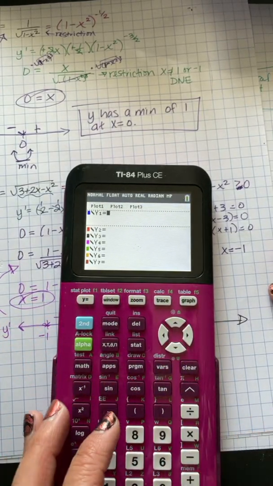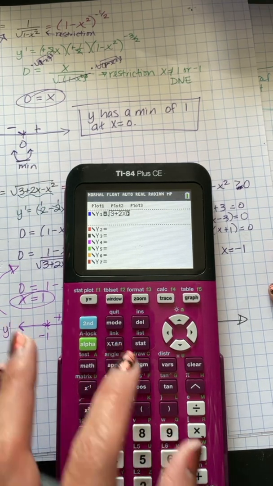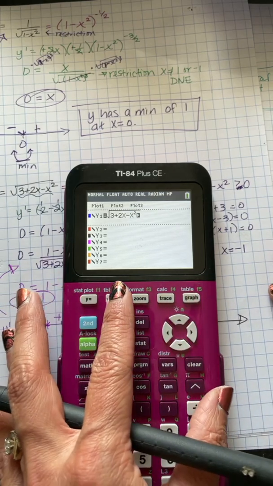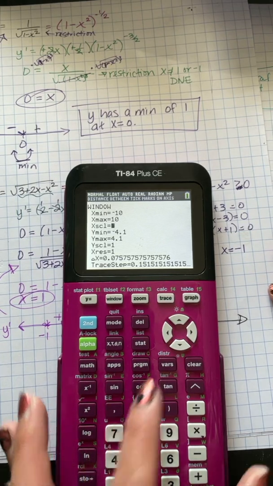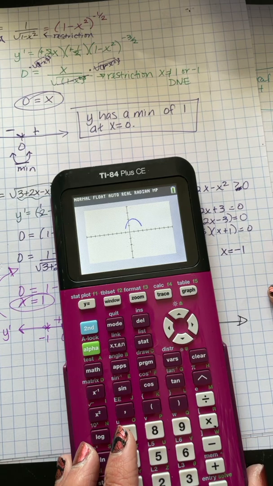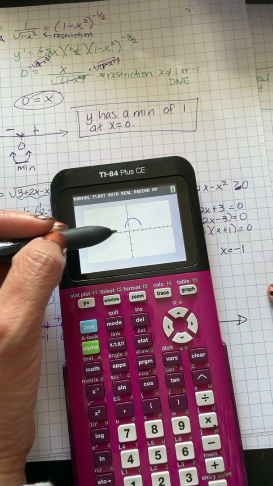Okay, so this is the square root of 3 plus 2x minus x squared. And what's my window? Let's go from negative 10 to 10. I might have to zoom in, but we'll see. Oh, okay. So from negative 1 to 3, it's doing this.